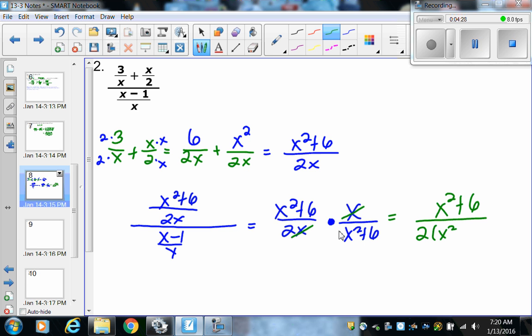I'm sorry, this should be x minus 1. So then if we just distribute the 2 on the bottom, we would have x squared plus 6 over 2x minus 2.